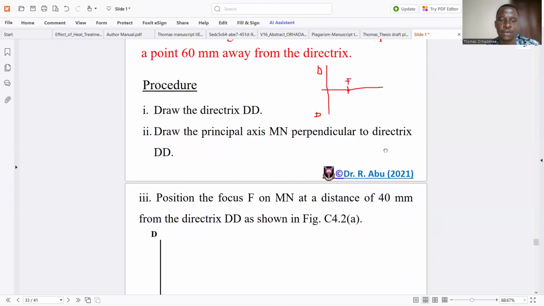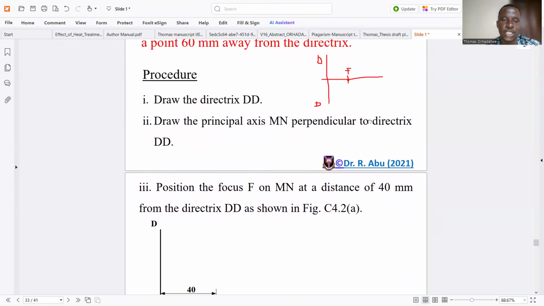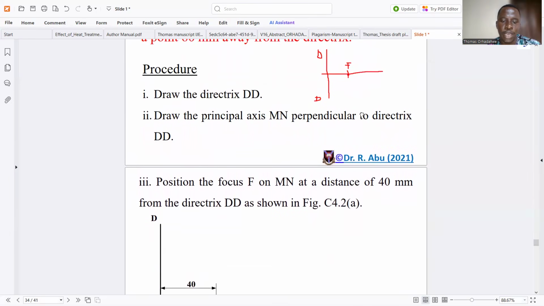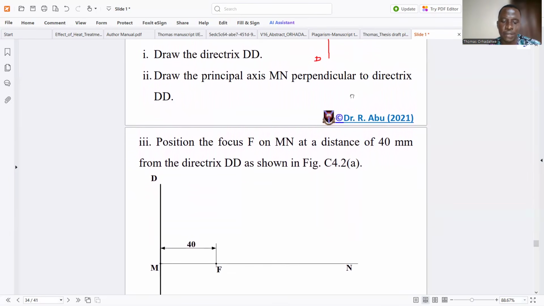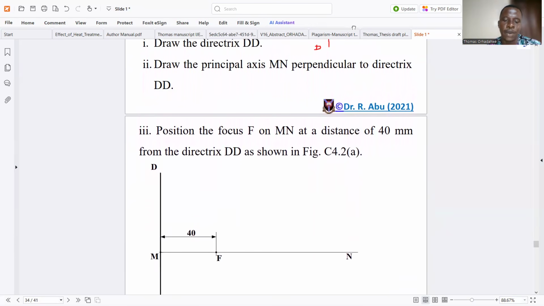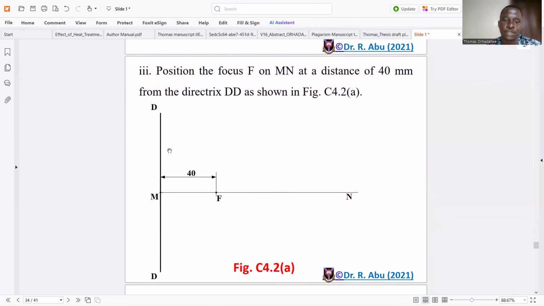Got your focus, F. So the procedure is first of all draw DD, and you draw MN perpendicular to DD. Of course, with your T-square or your set square, you can easily draw the perpendicular to DD.